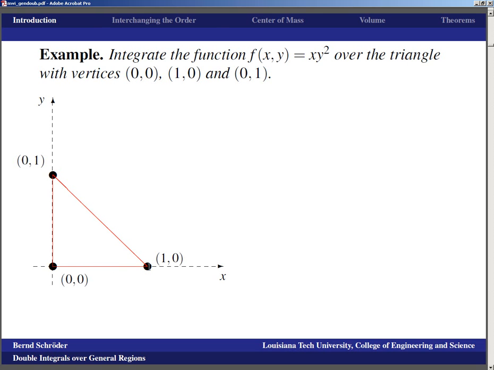What we can see is that in the x direction we go from 0 to 1, and in the y direction, well, we don't go from 0 to 1 also, because that would give us a square, right? The square [0,1] cross [0,1]. But in the y direction, we start at y equals 0 and end at y equals 1 minus x. So basically what we have is, as we march across the x-axis, we integrate from 0 to 1 minus x going up.